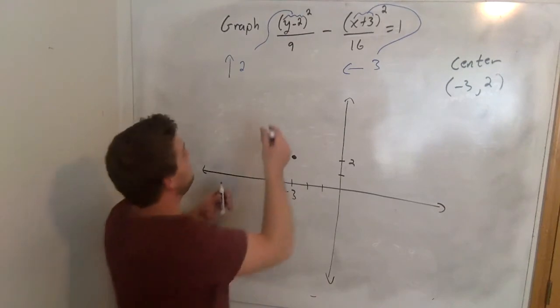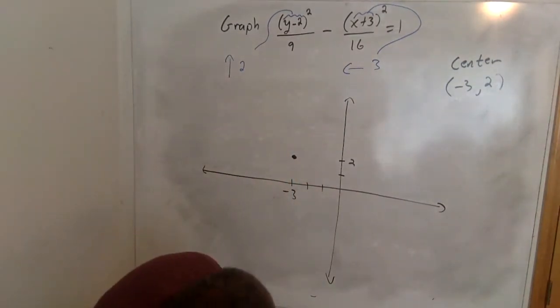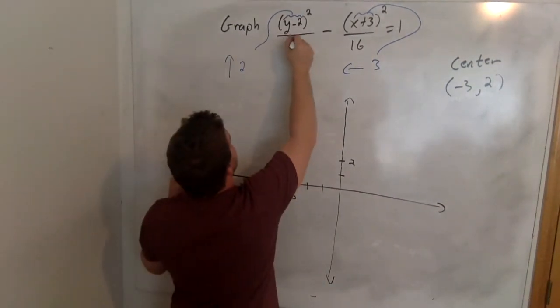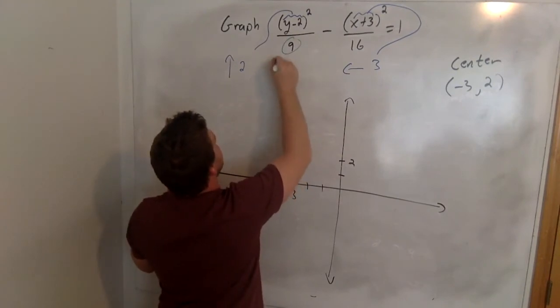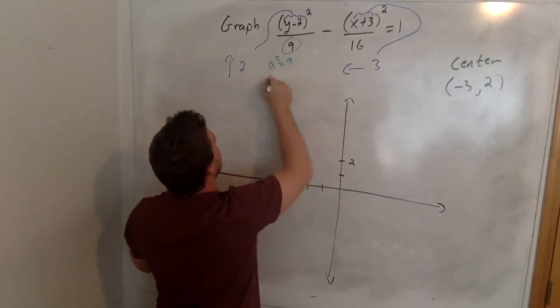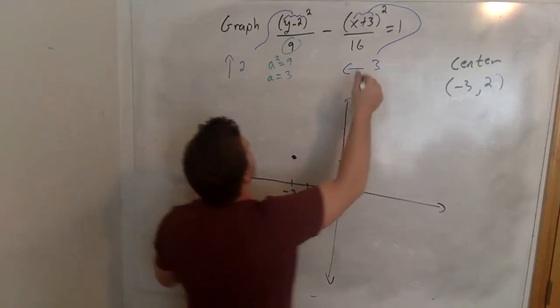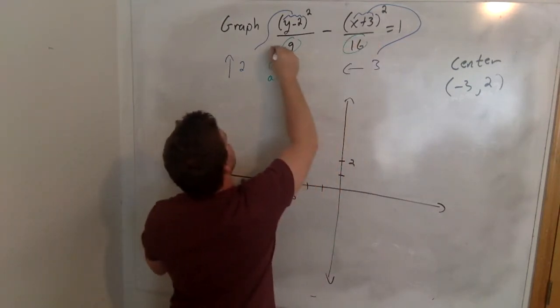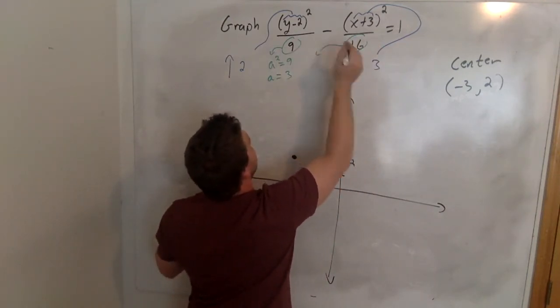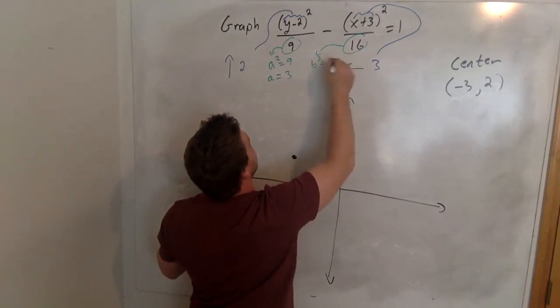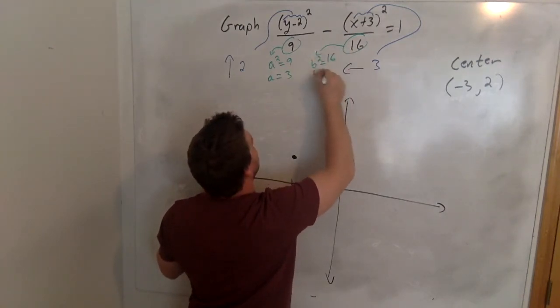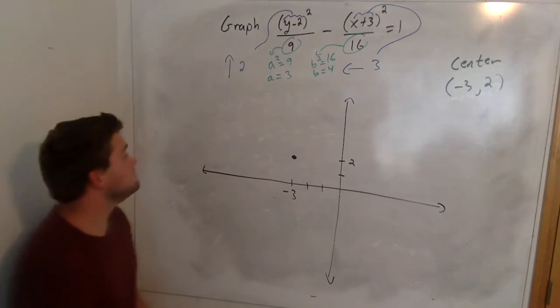Okay, so that tells us, maybe in a different color, here that a squared will be 9, or our a will be 3. This here tells us that our b squared will be 16, or that our b will be 4.